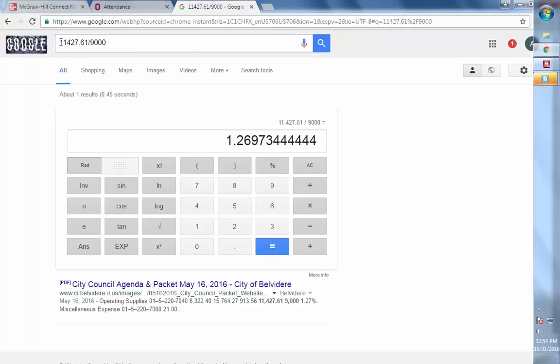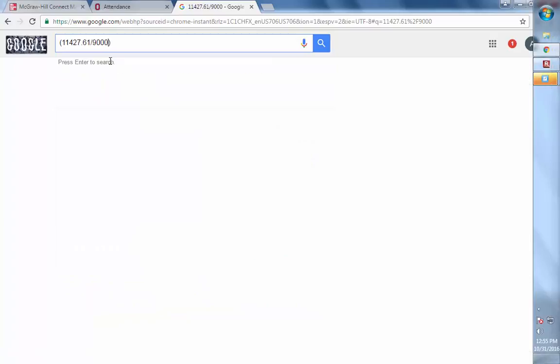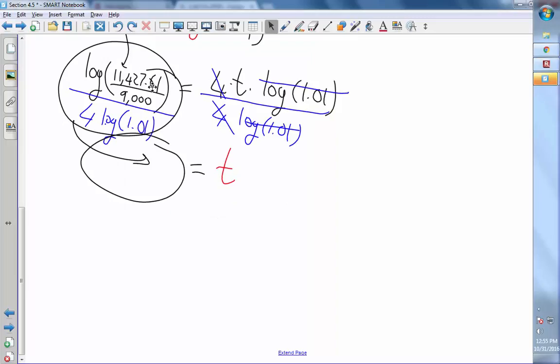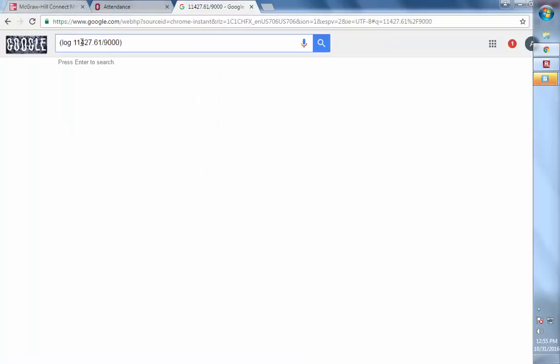Again, logarithm first. Take a big parenthesis. This is the numerator. Numerator is a logarithm of this thing, right? This is the numerator. Logarithm of 11,000. If you want, put another extra parenthesis. This is the inside of the logarithm. This first parenthesis is the numerator, divided by a denominator.